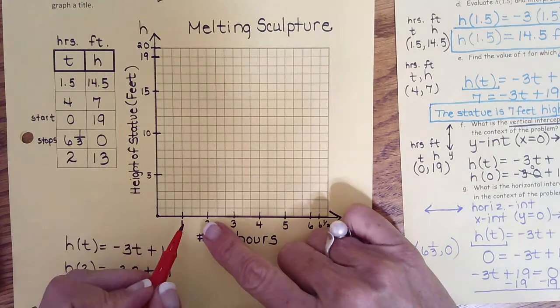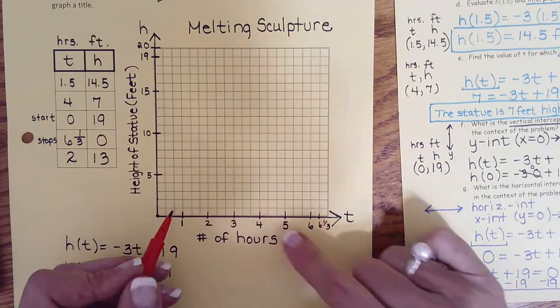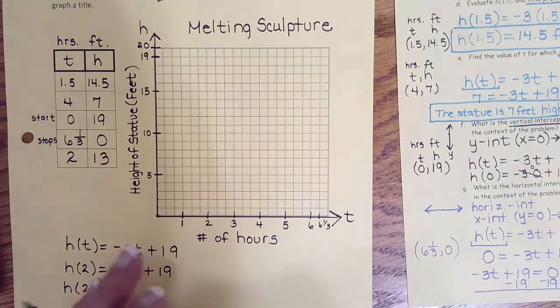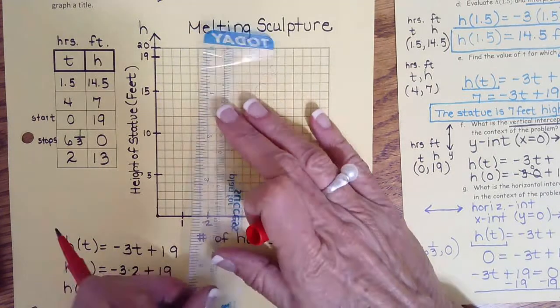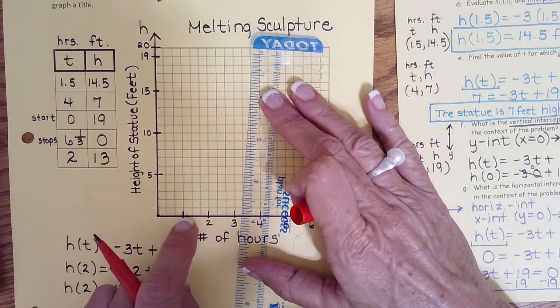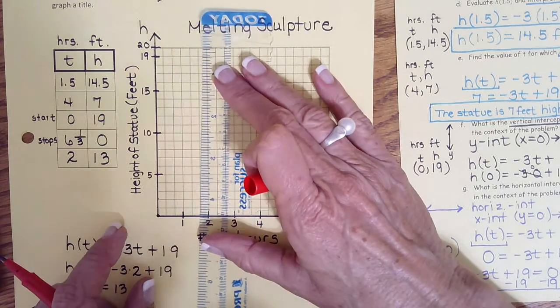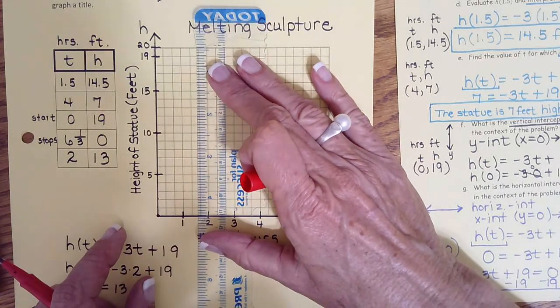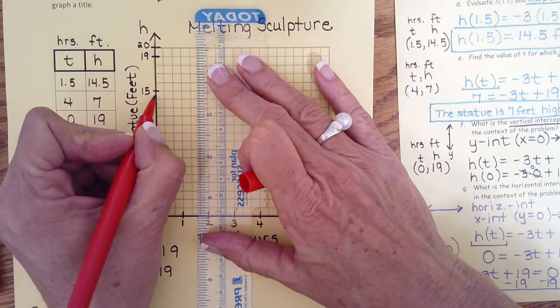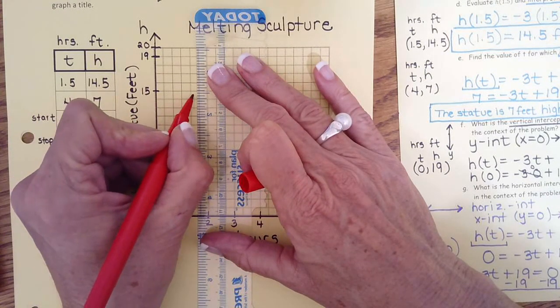So 1.5 goes with 14.5. That's going to be a tricky one. I think I'm going to use my straight edge for that. So 1.5 is going to be right in the middle, right? In between 1 and 2, so it'll be right in the middle. So I'm going to use my straight edge. 14.5, this is 14, so 14.5 would be right in the middle.